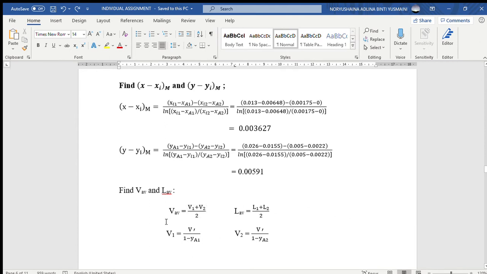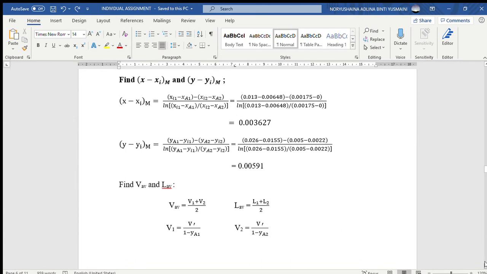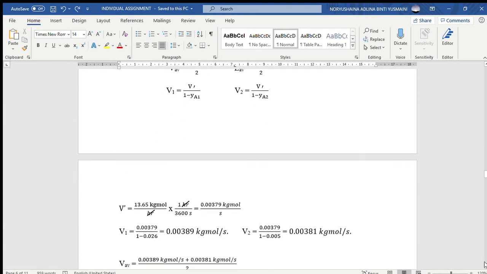To calculate V1 and V2, this is the equation on how to get the value. V1 is equal to V prime over 1 minus ya1, while for V2, V2 is equal to V prime over 1 minus ya2. We know from the equation earlier that V inlet is denoted as V prime.